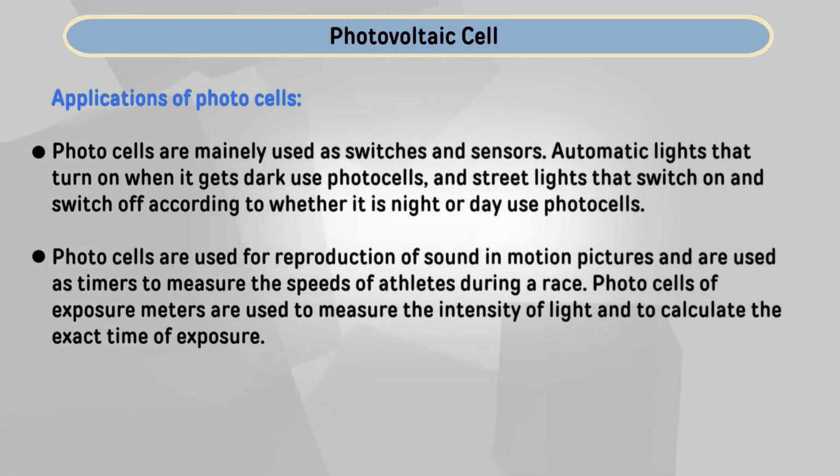These are examples from our daily life. Photo cells are also used for reproduction of sound in motion pictures, as a timer to measure the speed of an athlete during a race, and in exposure meters to measure the intensity of light and calculate the exact time of exposure.